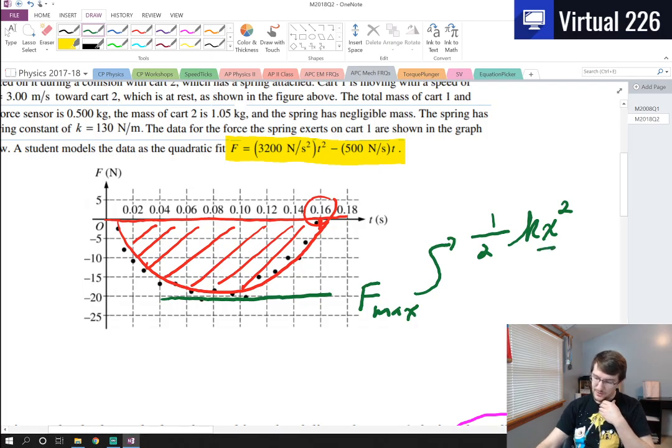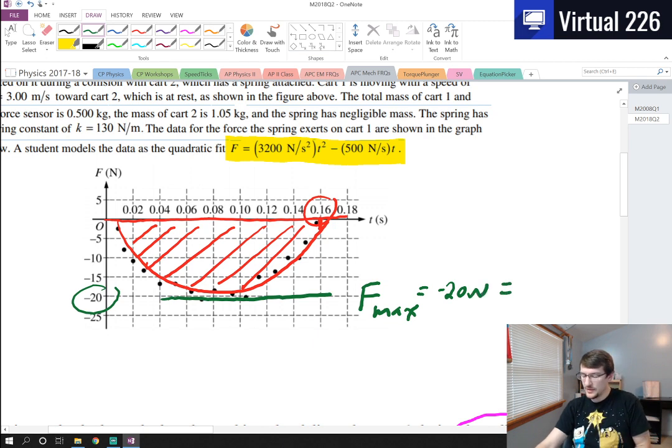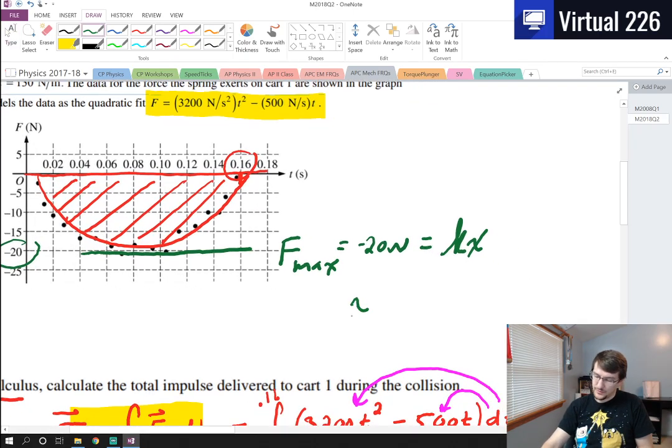We would basically solve for k here. If you want to do it this way, you'd solve for F max. And if you wanted to, you could just approximate it here. It's about -20. But you'd use this equals kx, and you'd solve for x here.